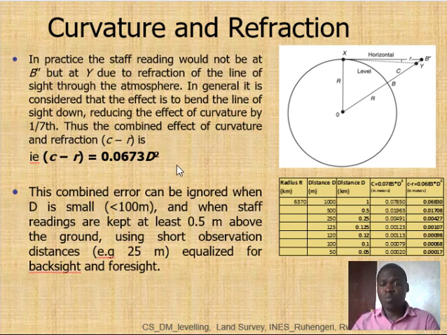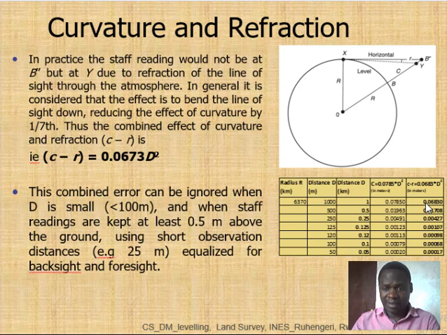Therefore, we have the combined effect of curvature and refraction, C minus R, which is equal to 0.0673 times D squared. Please take your calculator and take 6/7 times 0.0785 times D squared. You are going to obtain 0.0673 times D squared.